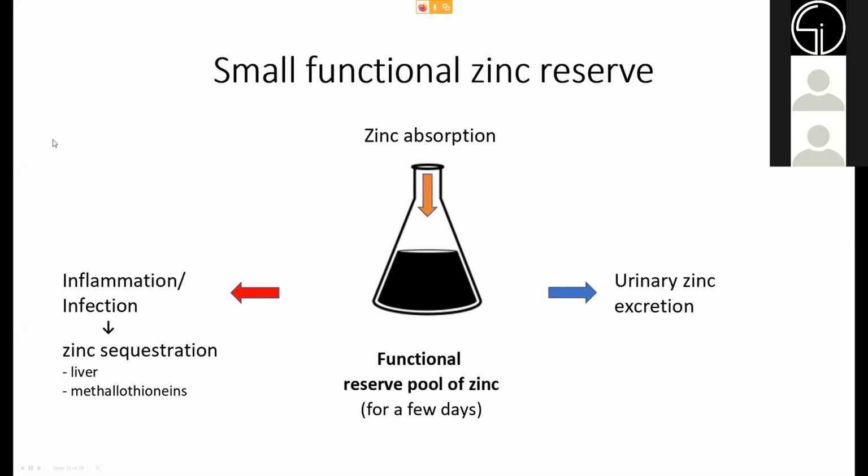Now, another issue is the small functional reserve of zinc. This zinc is absorbed, and then we have a functional reserve pool, which is directly available for the immune system to use to counteract any pathogenic invasion.